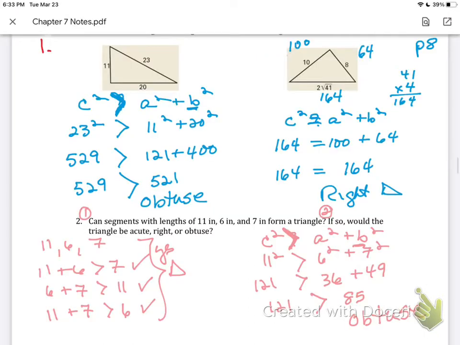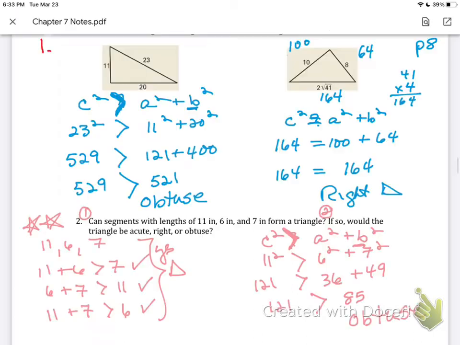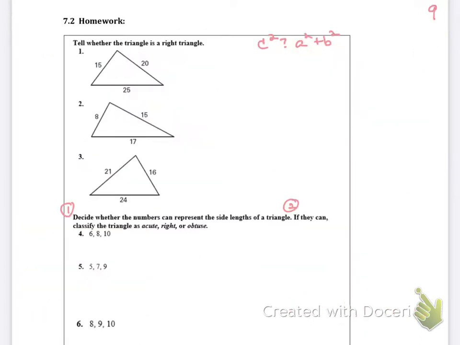So going back, that is just like this. So don't skip any steps. First decide whether that's going to make it as a triangle. Do it the same way I just did. I did all these little additions to check it out, and they all had to work. You do the same thing. Then once you do that, you back up to your equation, and you're going to figure out what kind of triangles they are.